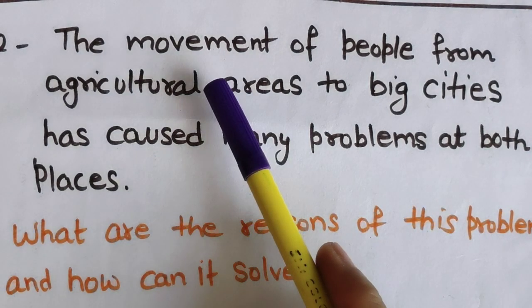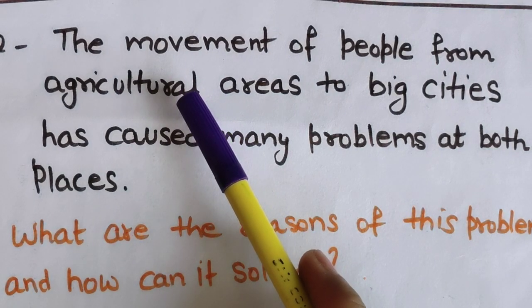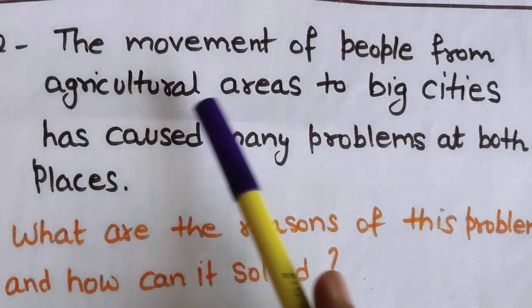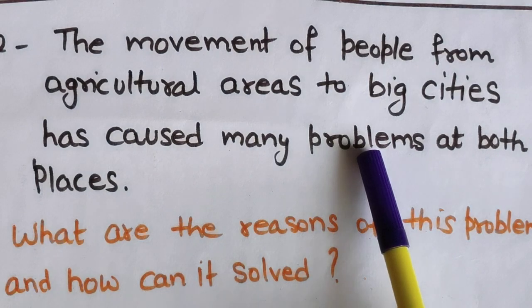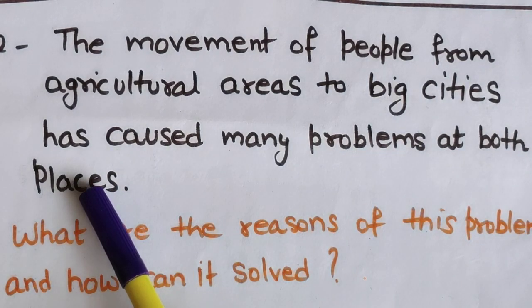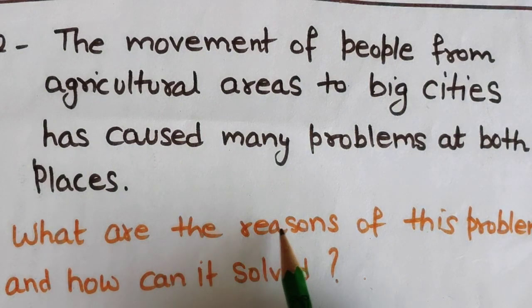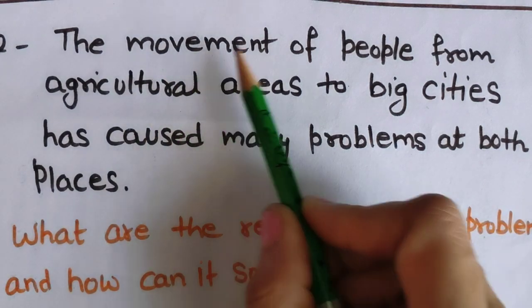Okay, so let's read it again and find out the topic and the main topic. The movement of people from agricultural areas to big cities has caused many problems at both places. Of course, we have come to know that this is a problem and solution essay. But here the main topic is the movement of people.